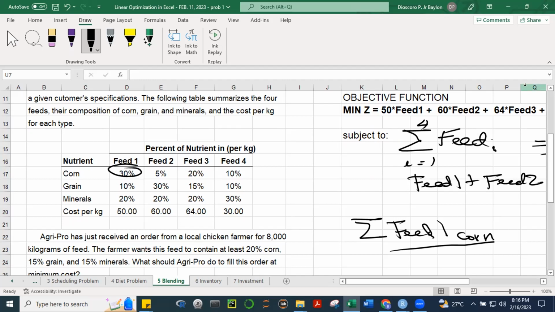Si feed 1, okay, 1 kilo of feed 1. So if I get 1 kilo of feed 1, this is 1 kilogram, no? How much corn will we get here for feed 1?